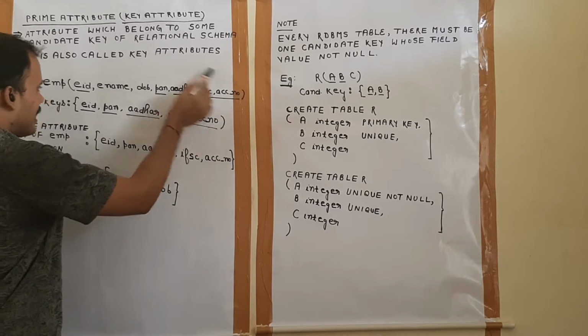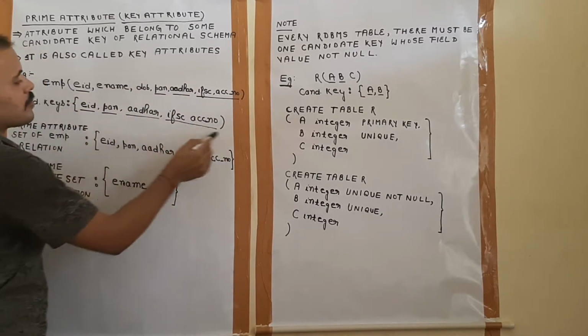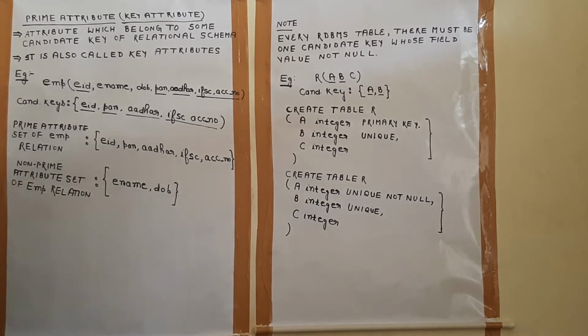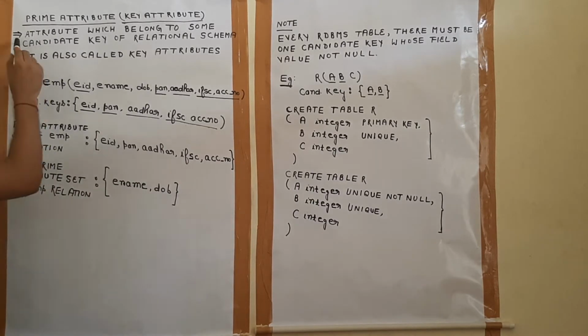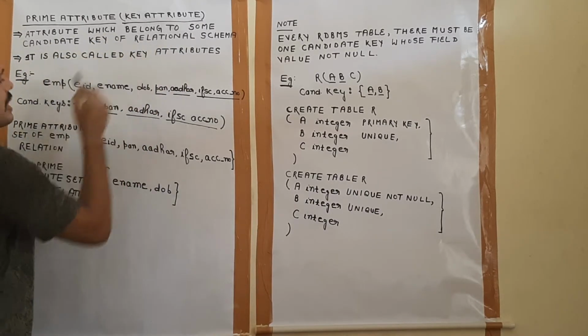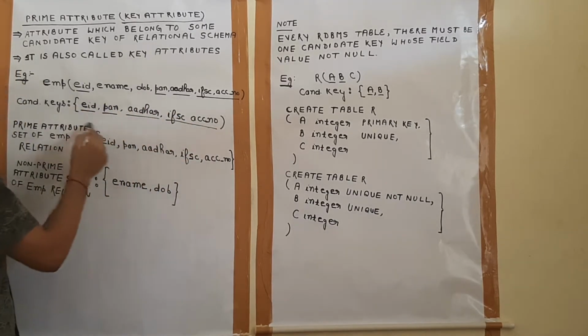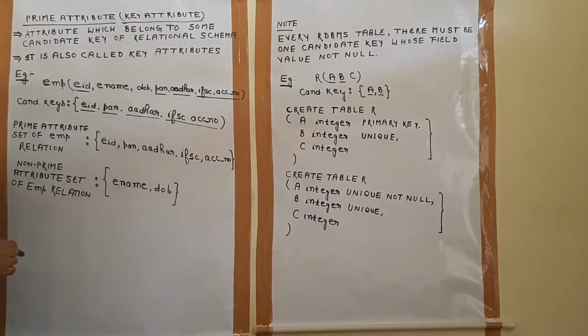Understood? An attribute which belongs to some candidate key of the relational schema. In this relational schema these 4 are the candidate keys. And what are the prime attributes or key attributes? They are the attributes which belong to the candidate keys.